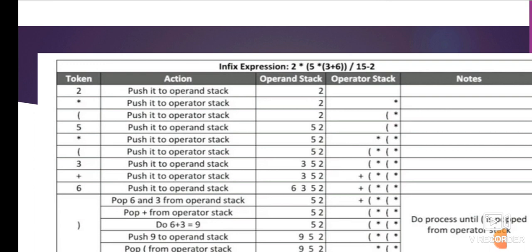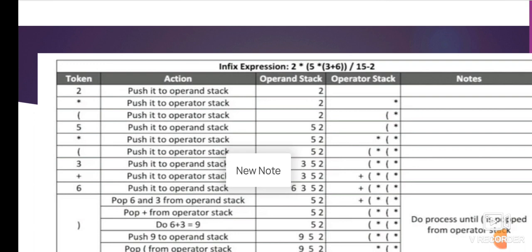The next symbol is an open parenthesis. It is also treated as an operator, so we push it onto the operator stack, right? The next one is 5. 5 is an operand, so it is pushed onto the operand stack. The next one is the star symbol. Star is an operator, so it will be pushed onto the operator stack, right?